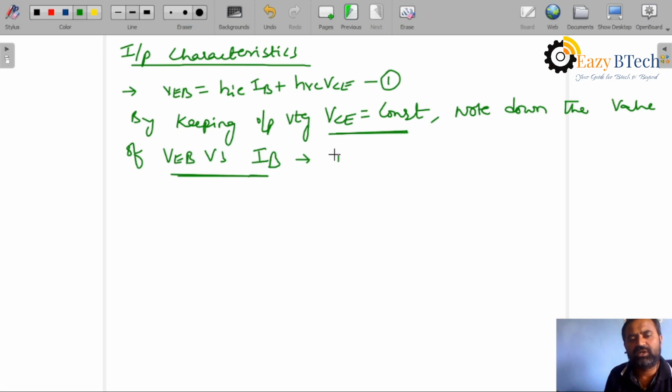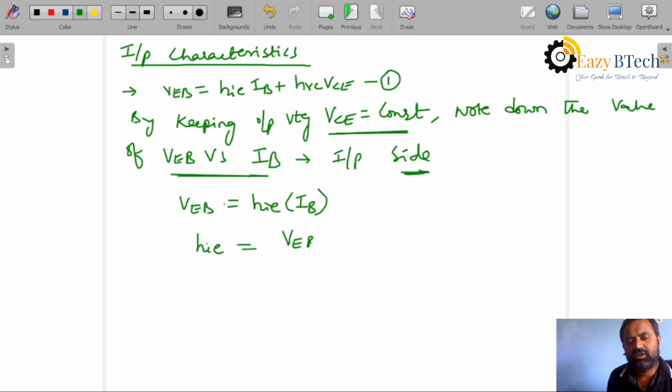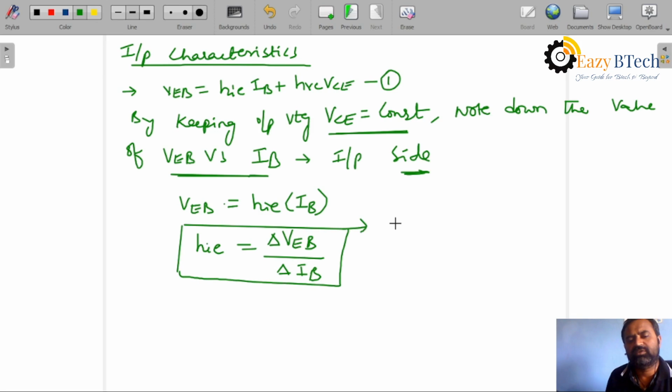Both are input side only. From this graph we will write VBE is a function of HIE into IB. We will write the input impedance HIE is equal to change in VBE by change in IB. Input impedance of the common emitter configuration is approximately 1.1 kilo ohm.